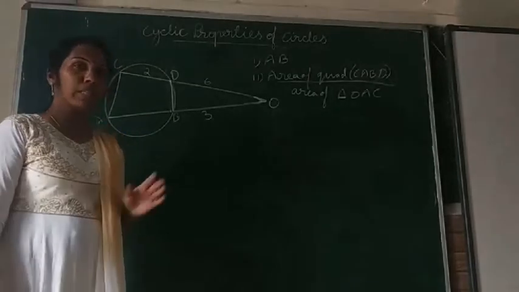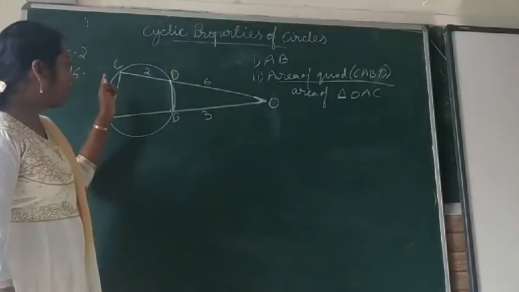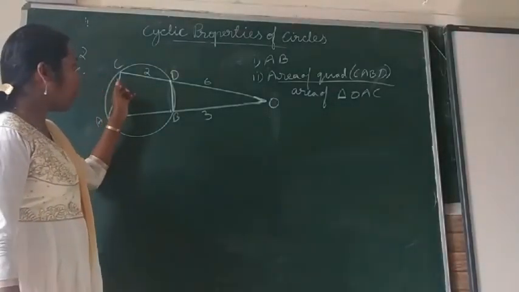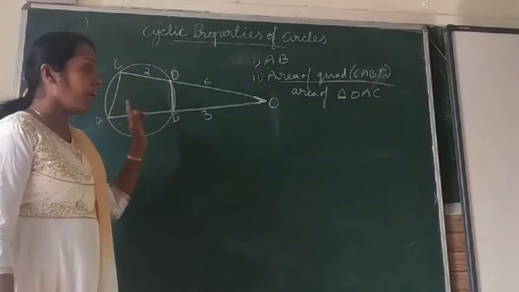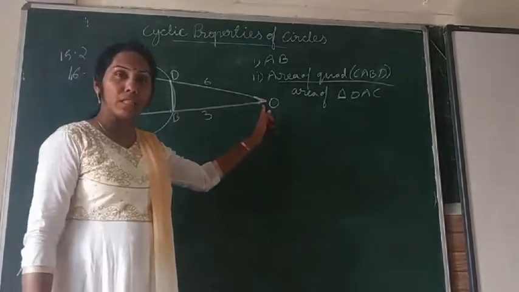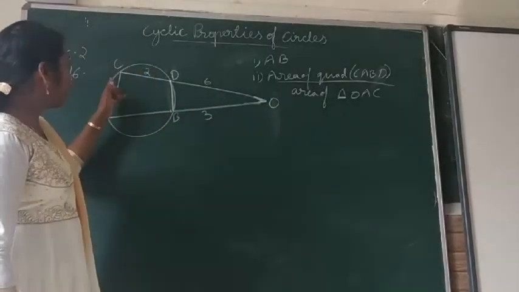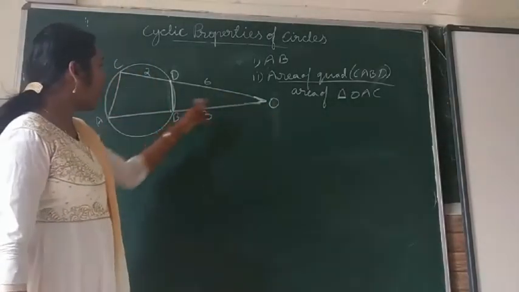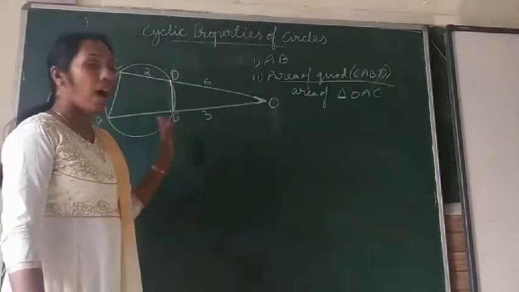Now question number 16. The chords CD and AB of a circle are produced to meet at the point O, so that triangles COA and BOD are formed.